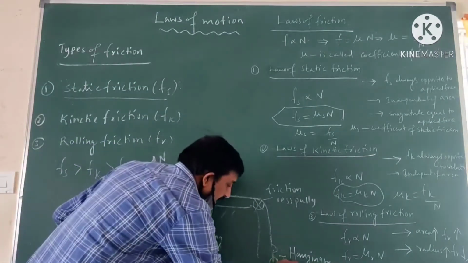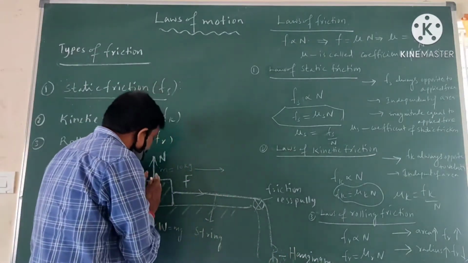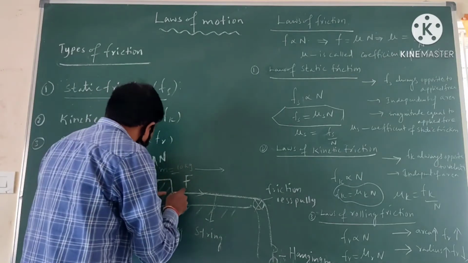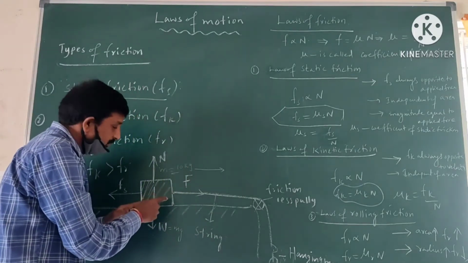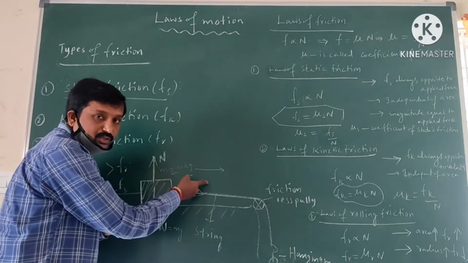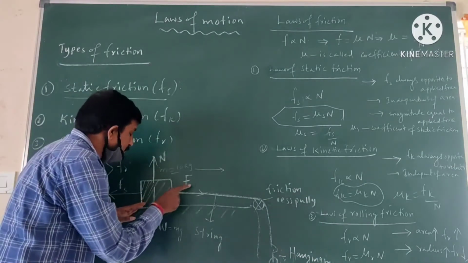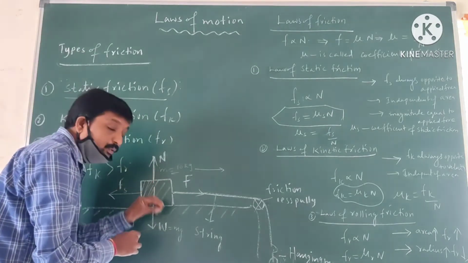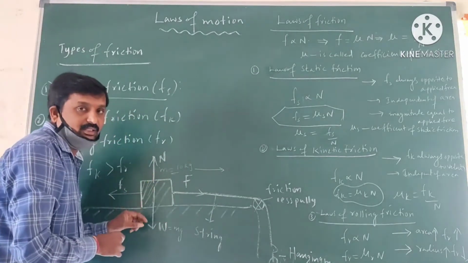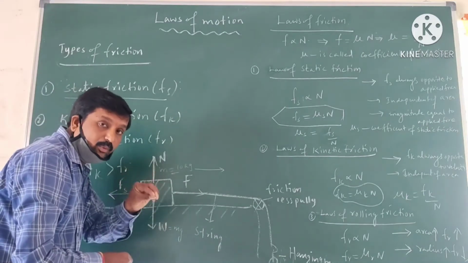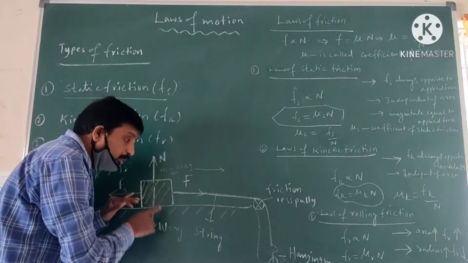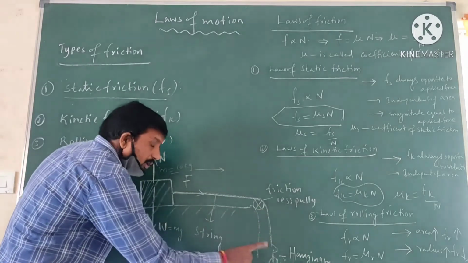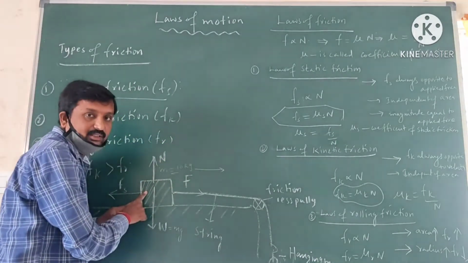When we are hanging a 10 kg mass, the body mass is 10 kg. So the friction force also developed, increasing with the applied force. When we increase the applied force, the friction force also increases. The friction force tries to keep the body at rest, up to the point where the external force is equal to the weight of the body.